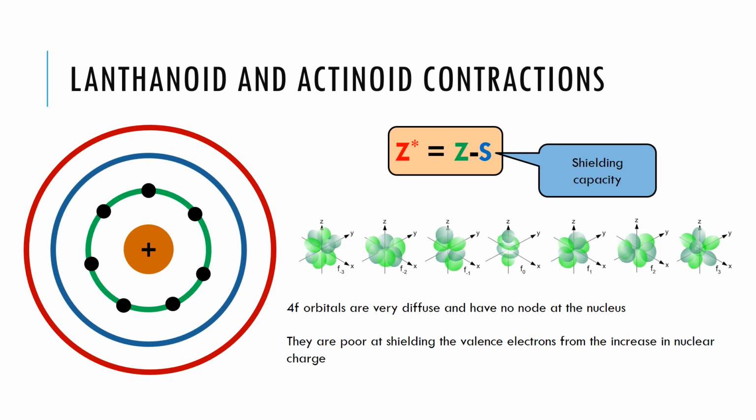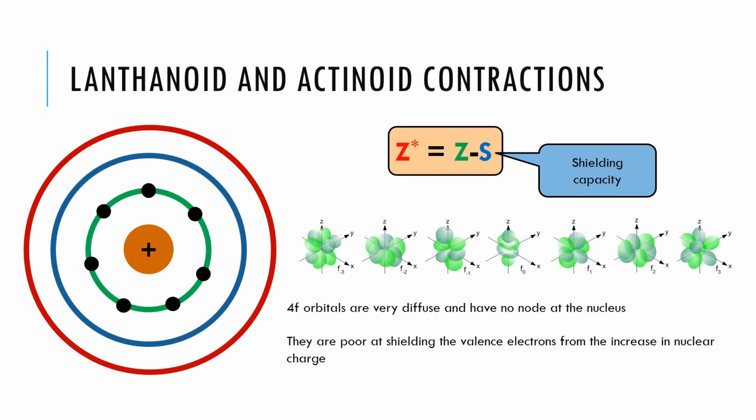And you'll remember that the 4f orbitals are very, very diffuse. They've got no node at the nucleus. They're an odd shape. And because they're diffuse and they don't have a node at the nucleus, they're very poor at shielding valence electrons from that increase in nuclear charge. So the shielding capacity is very low.